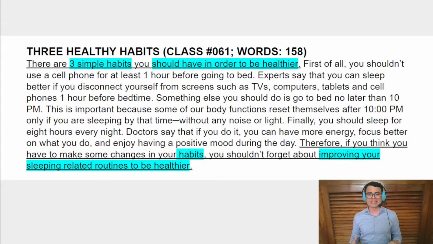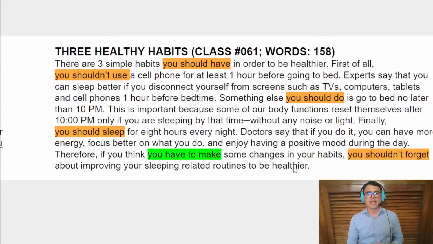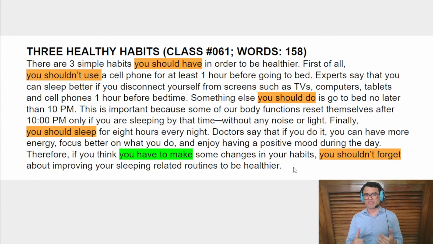And the concluding sentence says, therefore, if you think you have to make some changes in your habits, you shouldn't forget about improving your sleeping related routines, the three habits that are mentioned in the paragraph, to be healthier. So both the introductory sentence and the concluding sentence are related. Okay, so that's a good way to start and finish a paragraph.